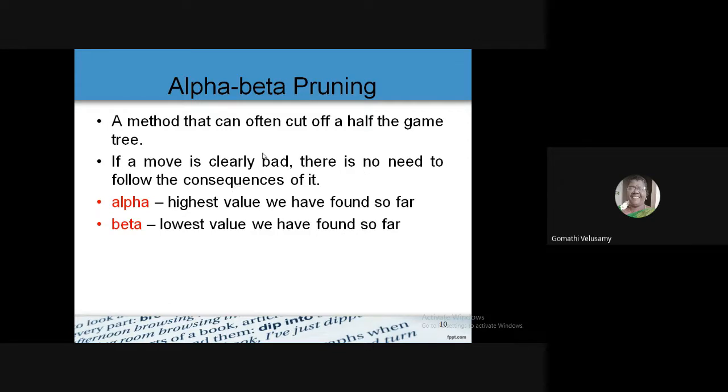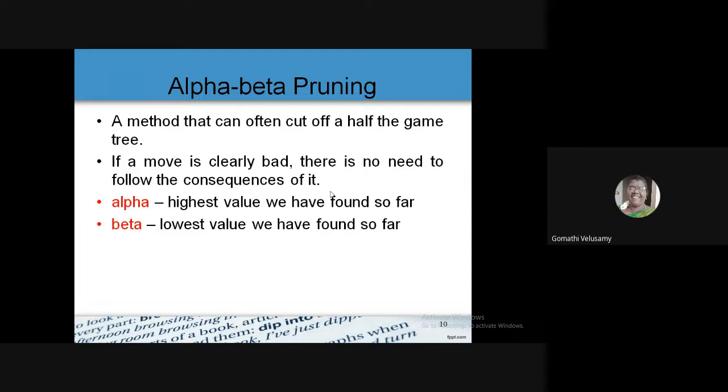Optimally, it is going to announce the winner, for which it introduces two parameters. One is alpha and another is beta. On the same game tree, you will be doing pruning on the alpha value as well as on the beta value. As we are constructing a max-min layered tree, alpha will always be looking at the highest value we have found so far.